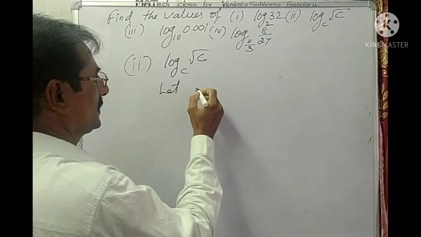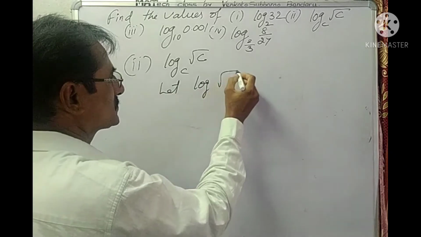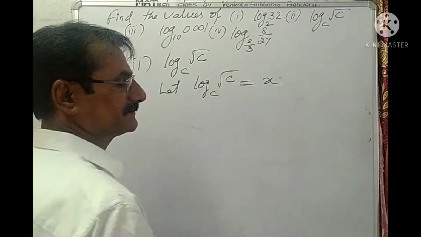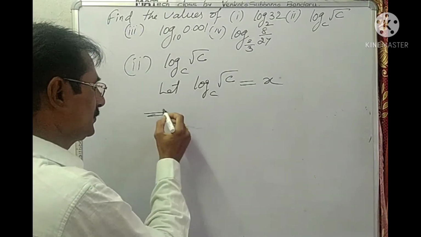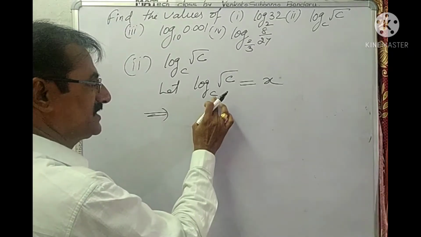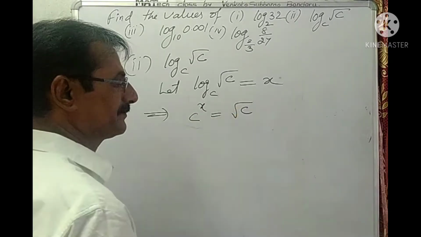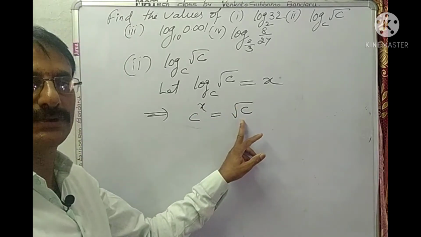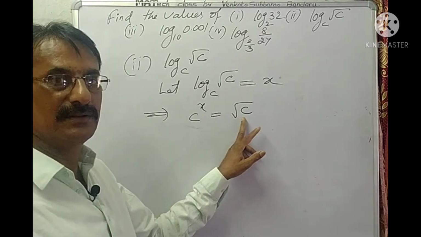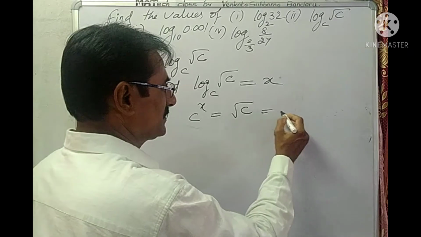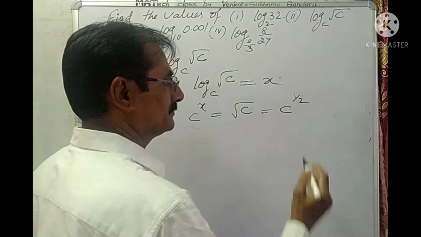Let log square root c base c equal to x. Now change it into exponential form. What is the base here? c. c to the power of x equal to square root c. Square root, so the degree of this radical is 2. So we can write this as c to the power of 1 by 2.